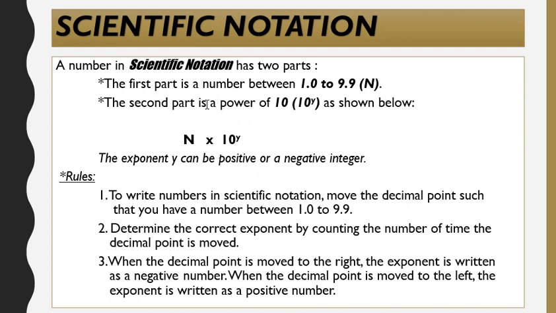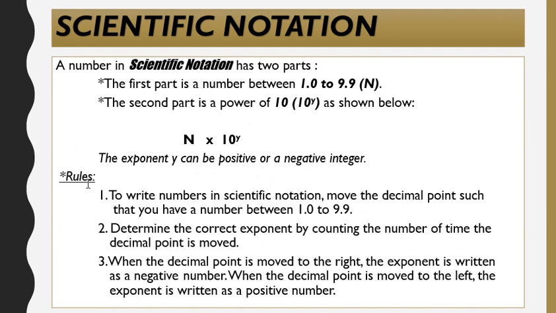For example, a number like 2.92000 and so on, it has so many zeros, so it will be difficult for us. So to be accurate, we're going to use the rule of scientific notation. Again, scientific notation has two parts: a number and a power of 10.